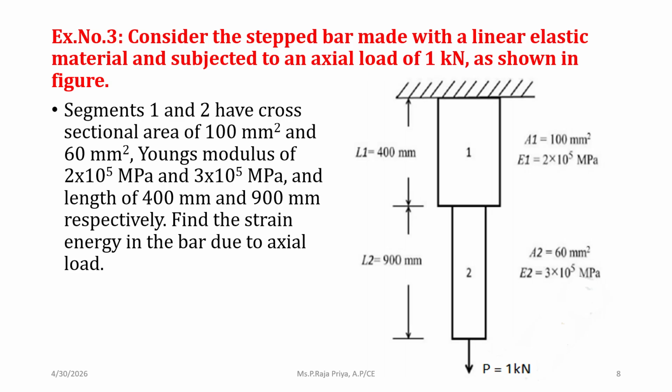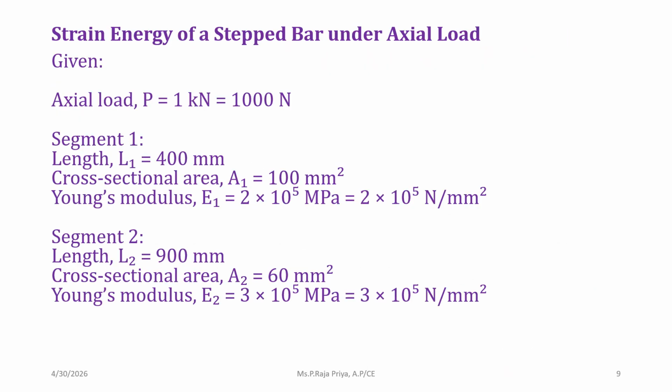The properties of both the segments are also given here. That is the length of the first segment, area and Young's modulus. In the same way, all those values for segment 2 are also given in the problem. We are asked to find out the strain energy stored in this bar. First, write down the values which are given for segment 1 and segment 2 separately.